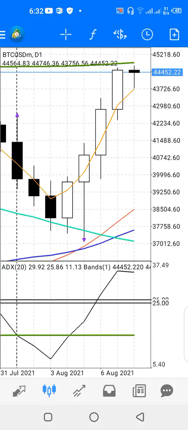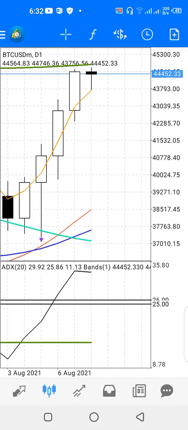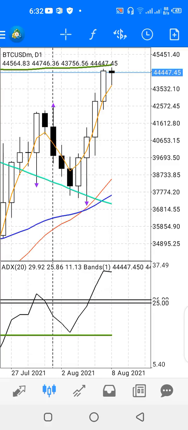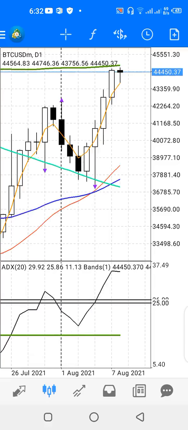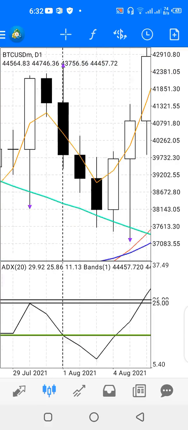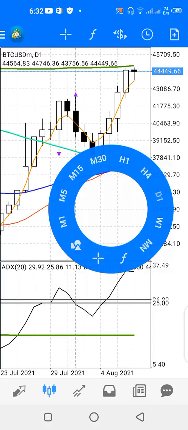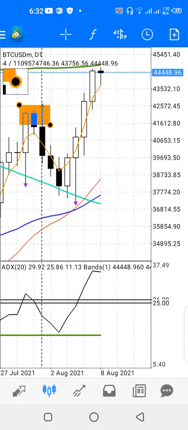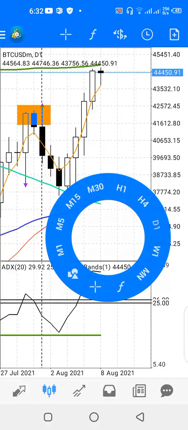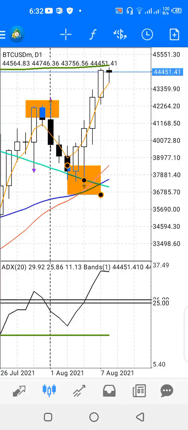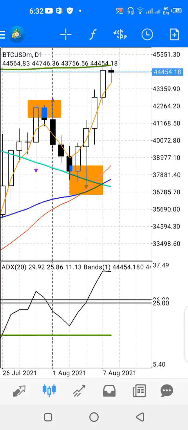But if we zoom in to look at what's happening, we can see more like bullish strength. The bulls are in control. After the higher high around here, you can see a higher low, of course.